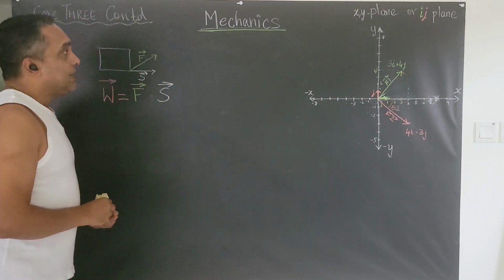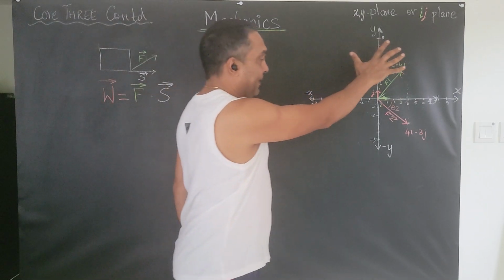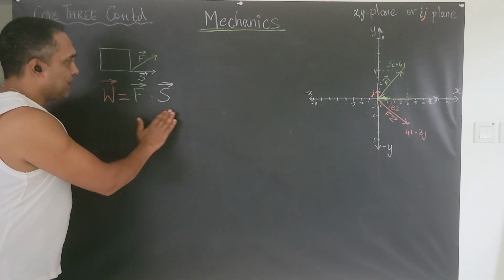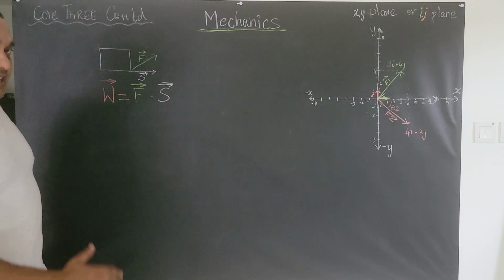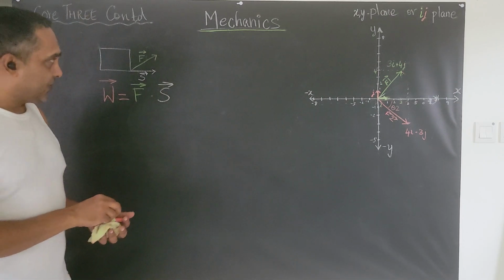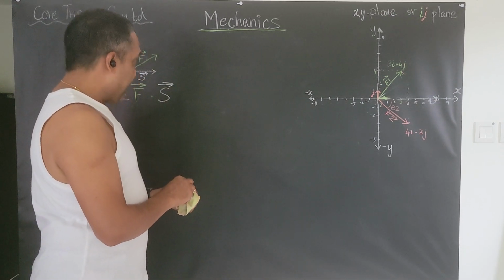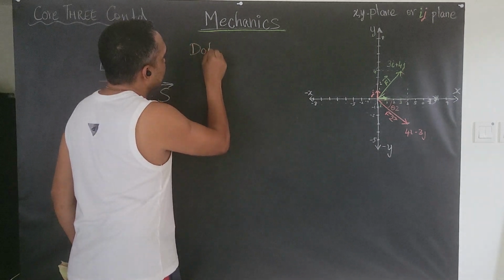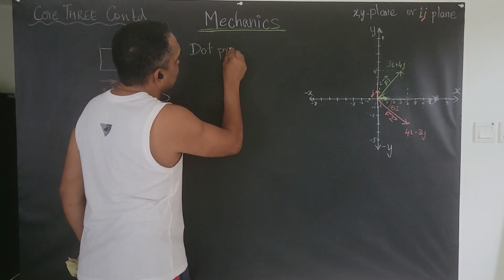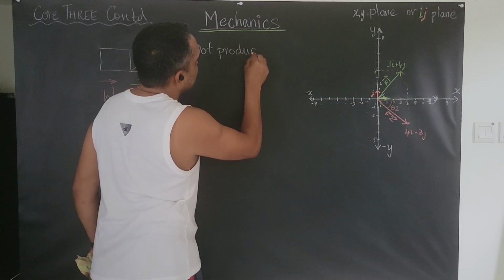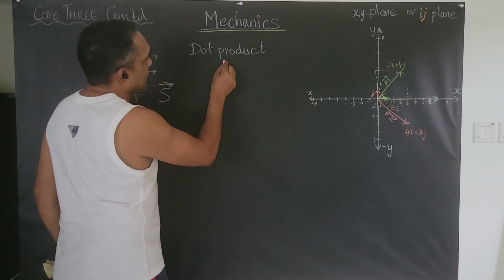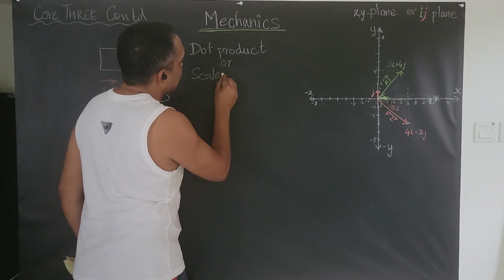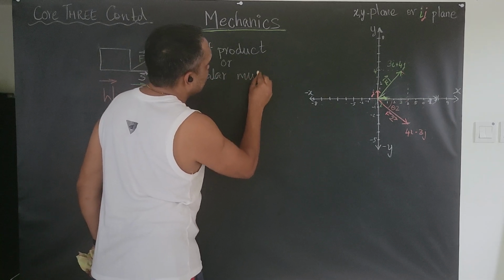What we're going to do here is in the two-dimensional plane, in the xy plane, if you multiply this vector, there is really only one way of doing it. And it's often called a dot product, or sometimes referred to as scalar multiplication.